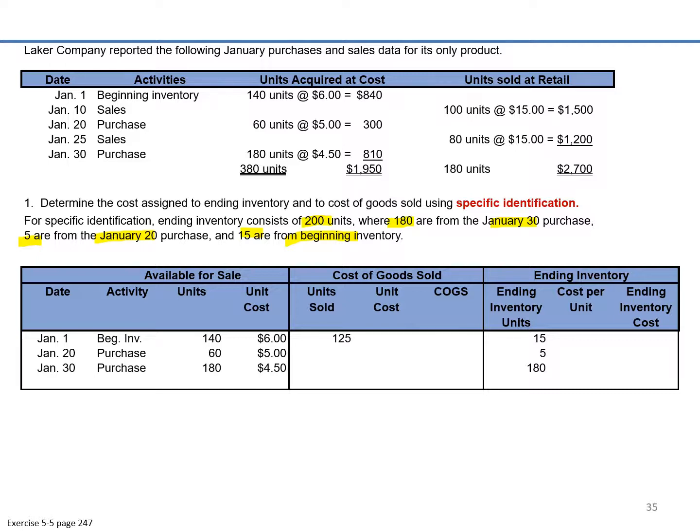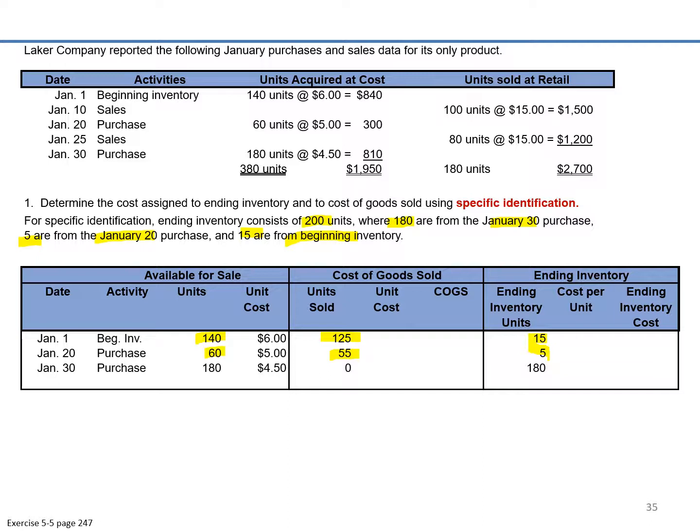That means we have 125 in our cost of goods sold because 140 less 15 is 125. We have 55 in our cost of goods sold because we started with 60 and have 5 left in ending inventory.